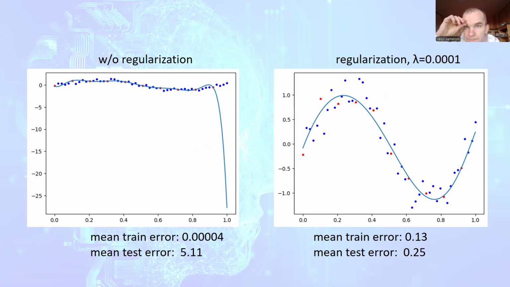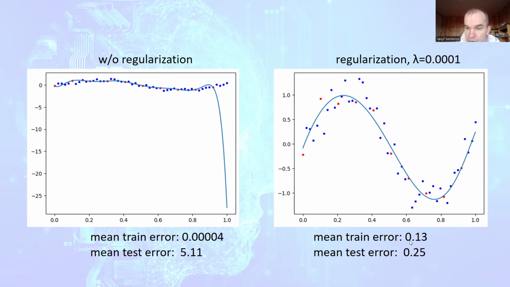And with a regularization parameter of 0.0001, 1/10,000, the test error becomes quite a lot lower.